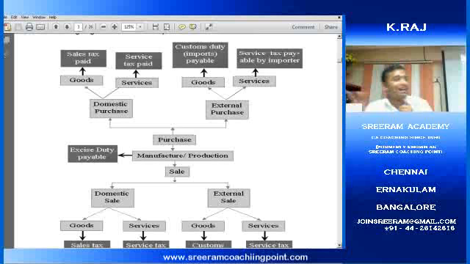So what is the chain? Until which point does the chain go? Until it reaches the consumer. Not customer, consumer. What is the difference between consumer and customer? A customer is a person who purchases goods. A consumer is a person who purchases and consumes. A customer will purchase and again sell. Understood? So that's why it goes until the final consumer.